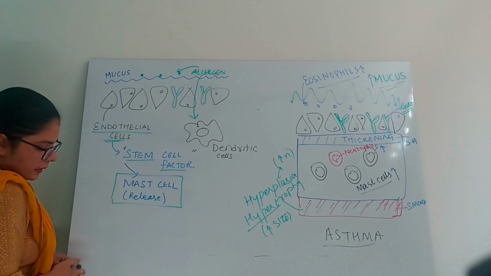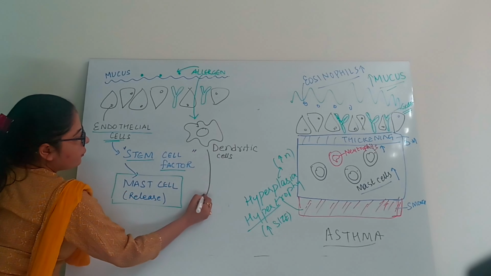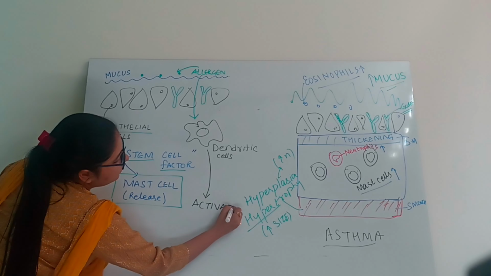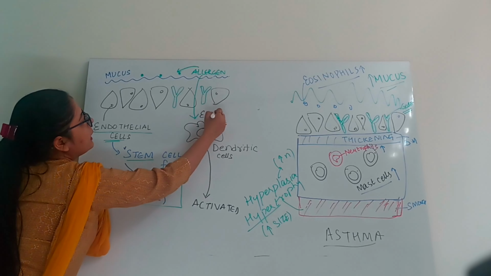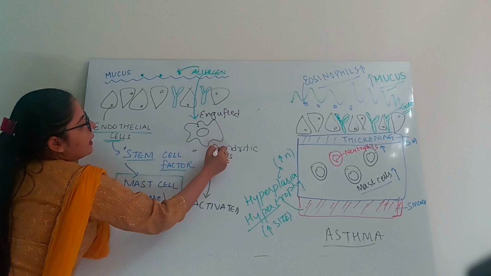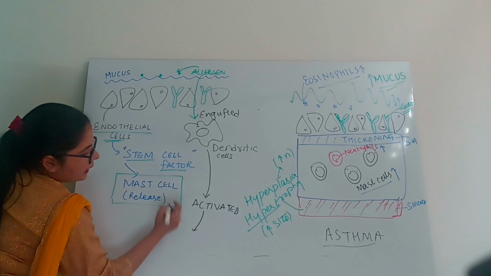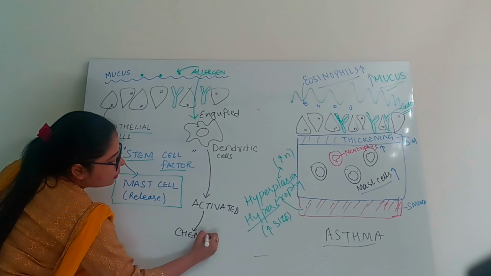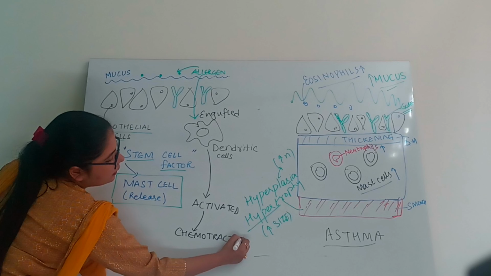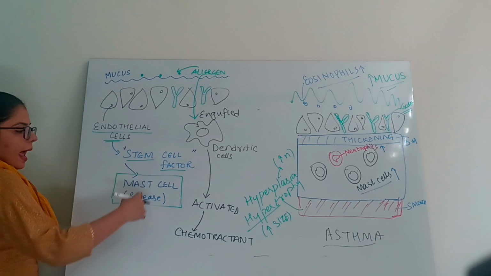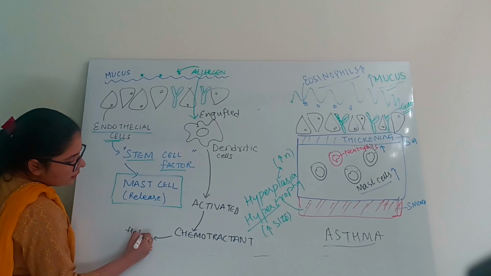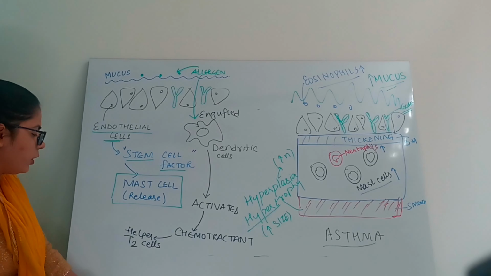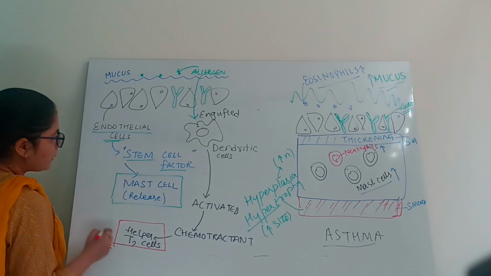First, the allergens will be engulfed by the dendritic cells, which will be activated, and this activated dendritic cell will act as a chemoattractant. That is, it will attract the helper T2 cells. This is very crucial for triggering the asthmatic process.